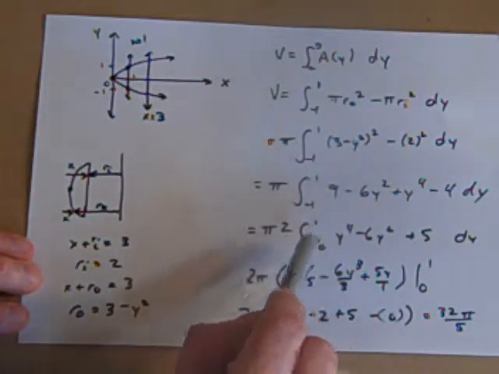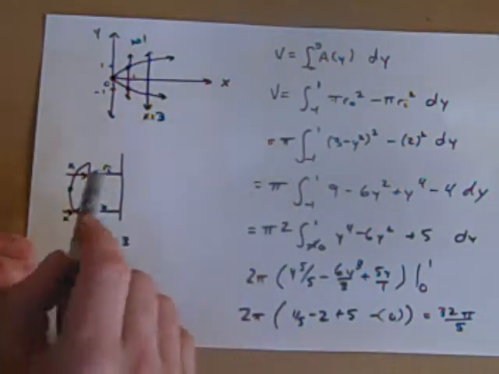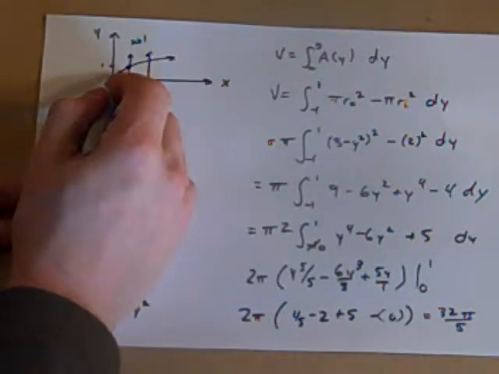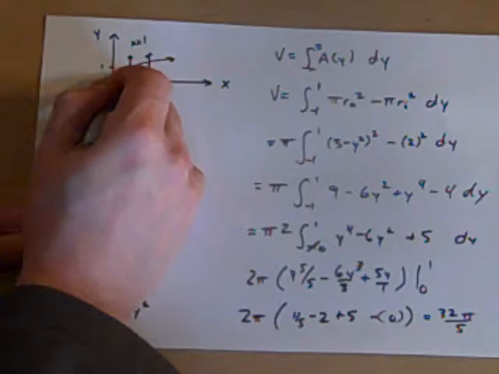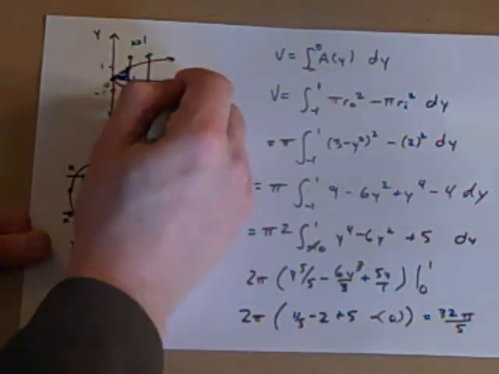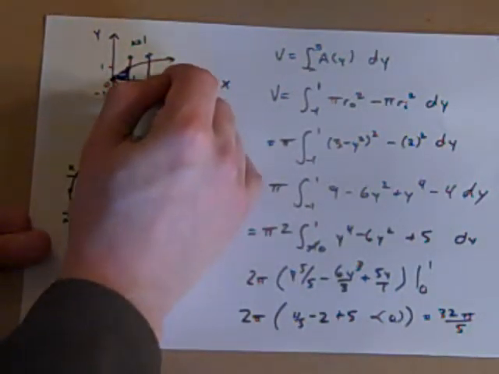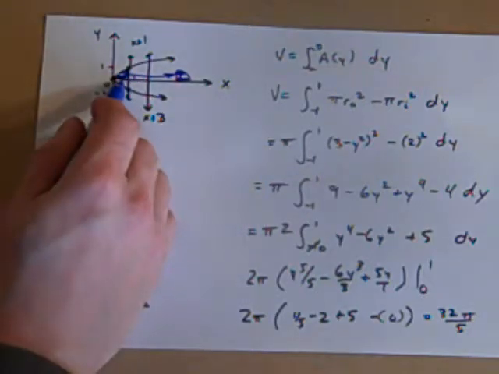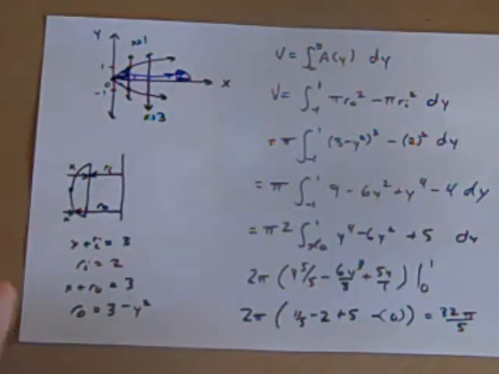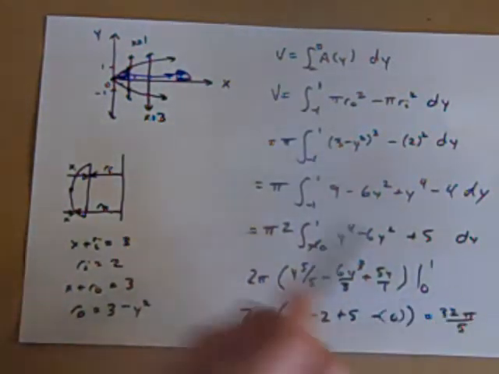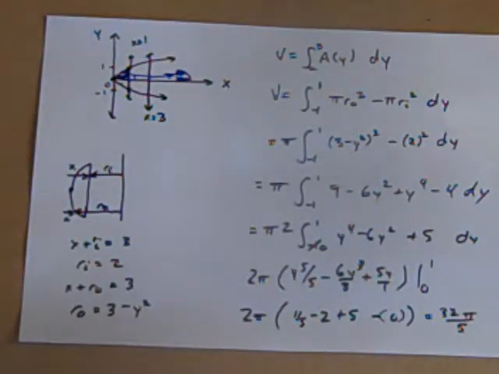So I'm going to change the limits of integration to 0 to 1, because I know that the volume rotated here, this blue, around this axis, is the same as that region there, which I did not shade. So I can just do it twice. When I do that integration, you'll see that I come up with 32/5 pi.